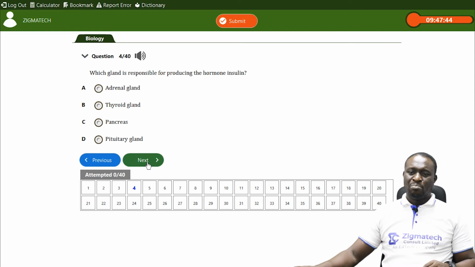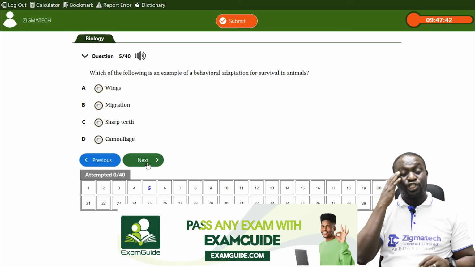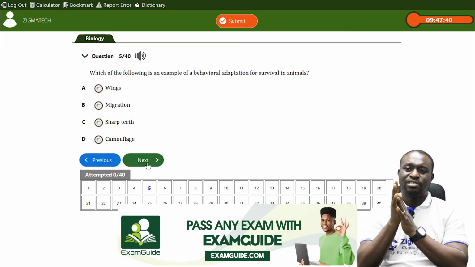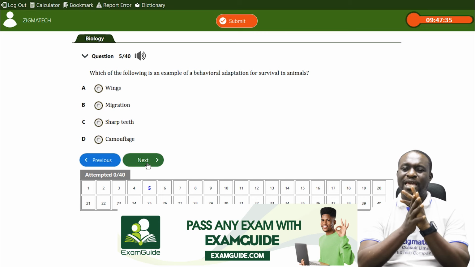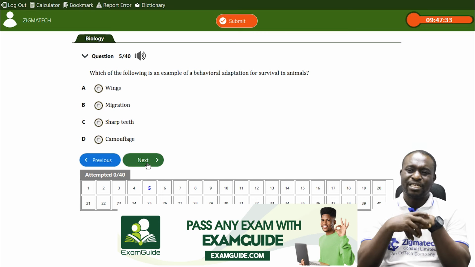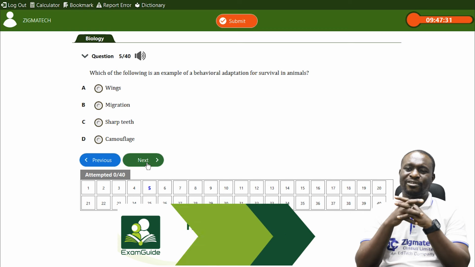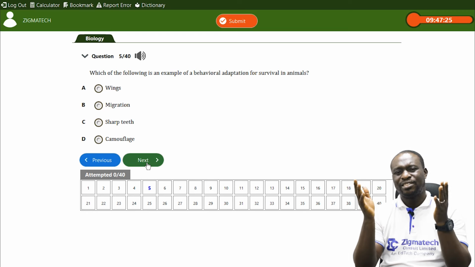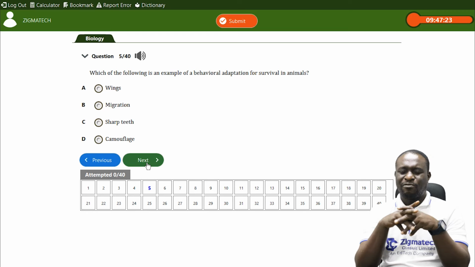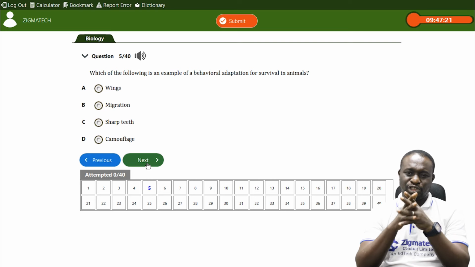Option C. Move ahead. Let's look at question 5. Question 5 says, which of the following is an example of a behavioral adaptation for survival in animals? Option A says wings. Now, first of all, what is adaptation?